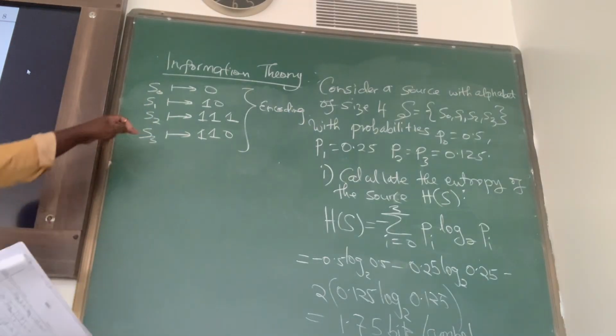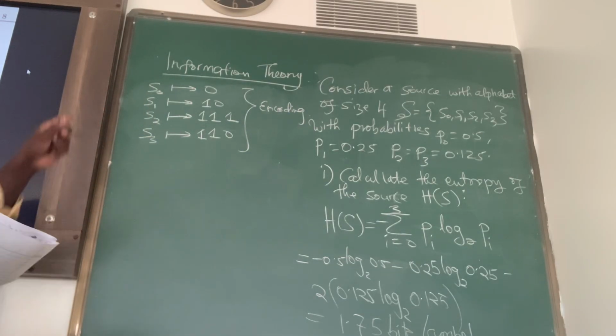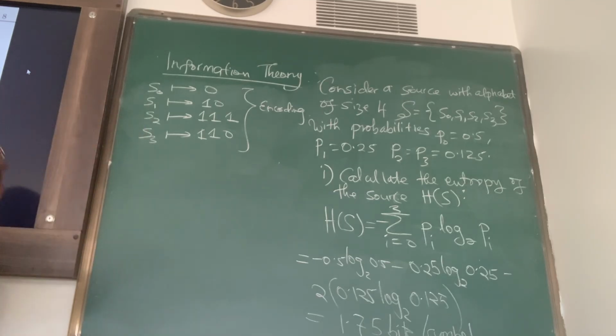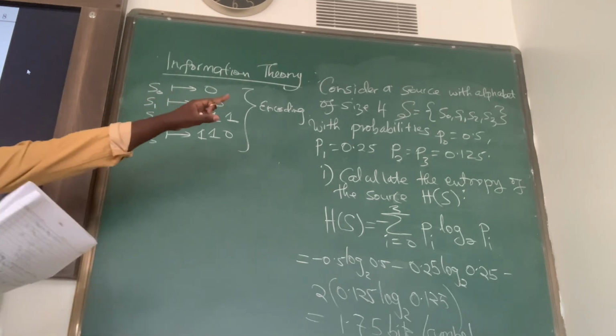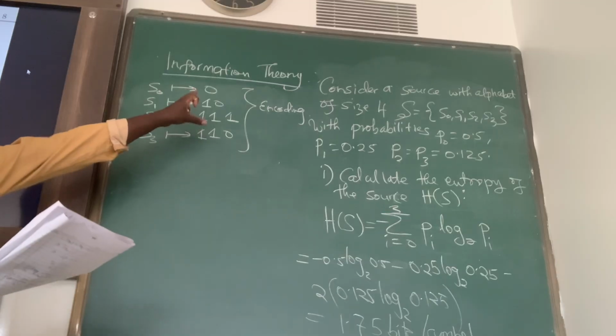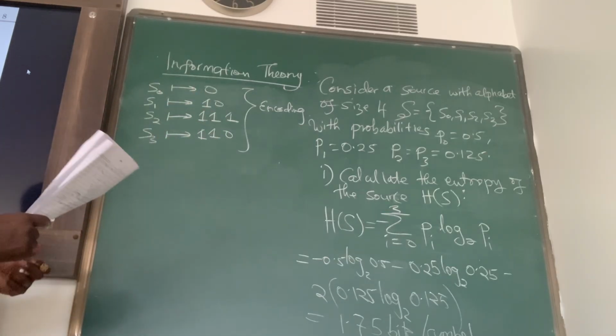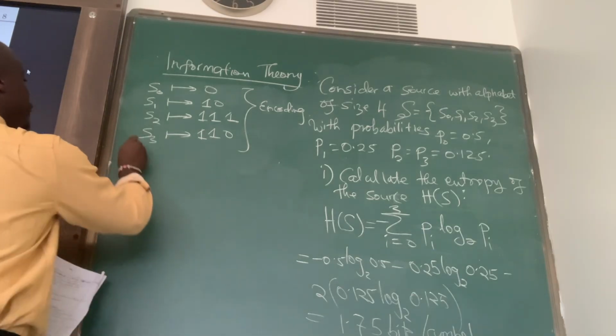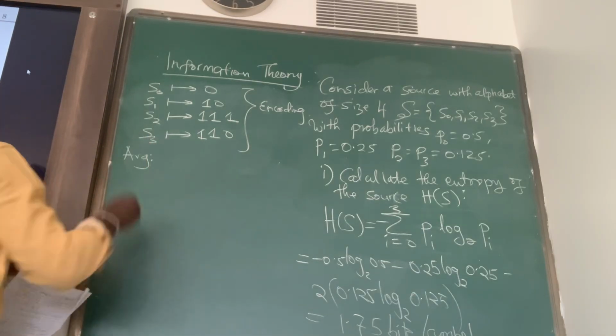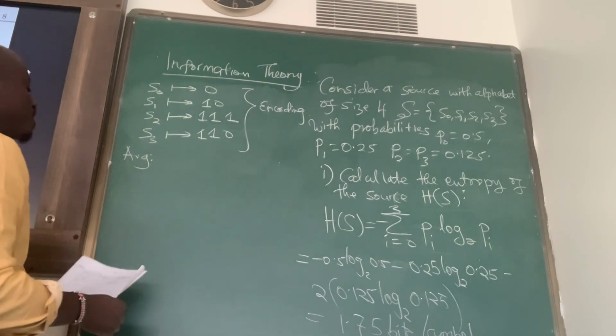So you can actually calculate the average bit, because this is a very efficient code. If you want to compress data, you can use these codes to compress it. And that's an efficient code, which you can see if you try to get the average bits per symbol.